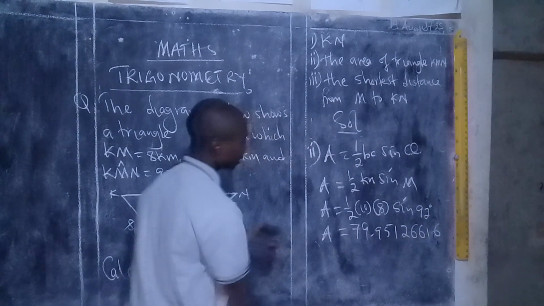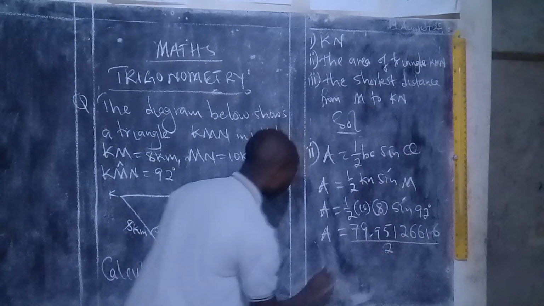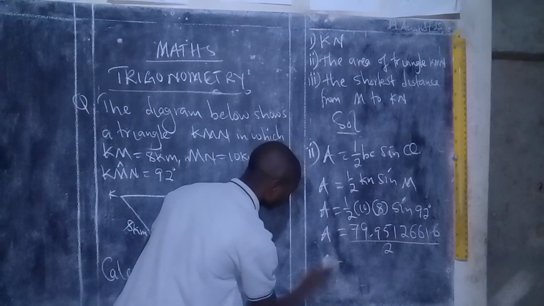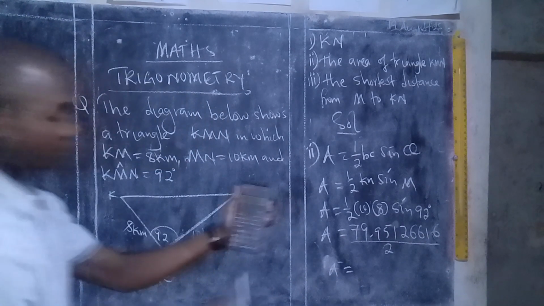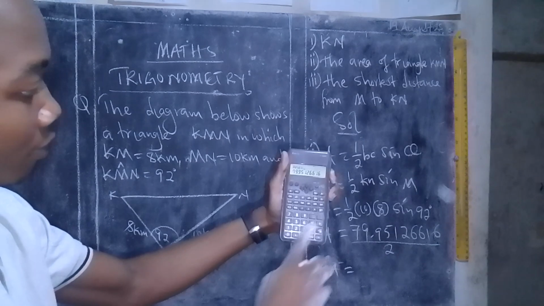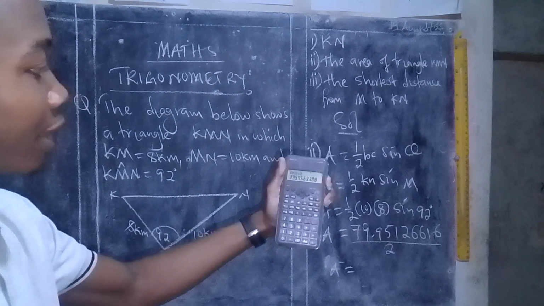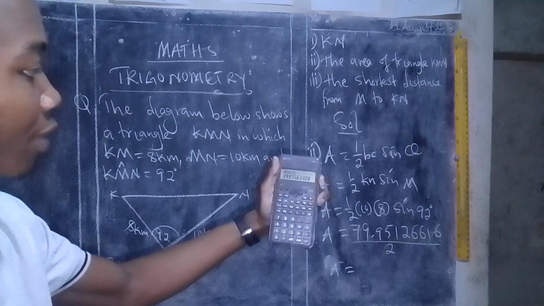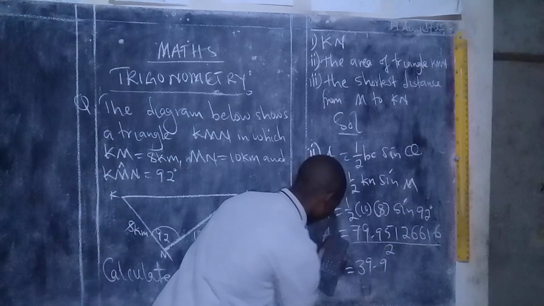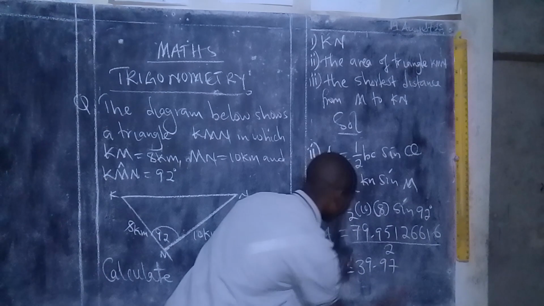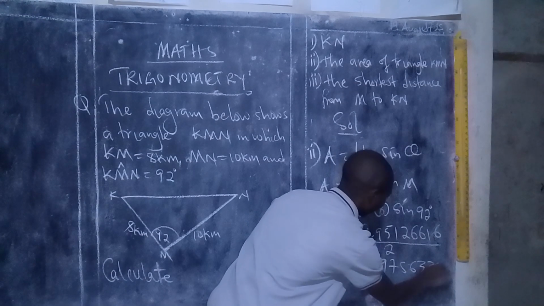So that is area equal to 79.95126616. And this answer must be divided by the 2 that we had there. So divide by 2 and bring it down. Dividing this answer by 2 will give us 39.97563308.